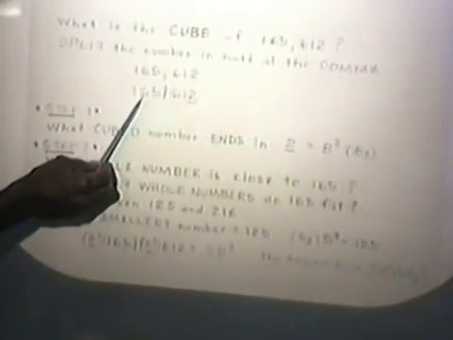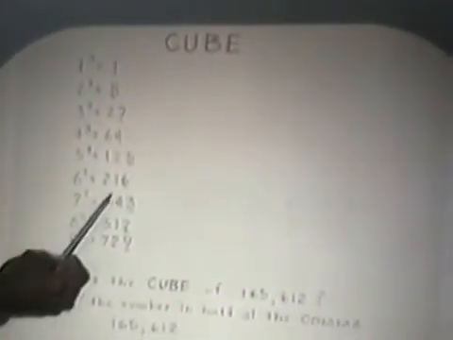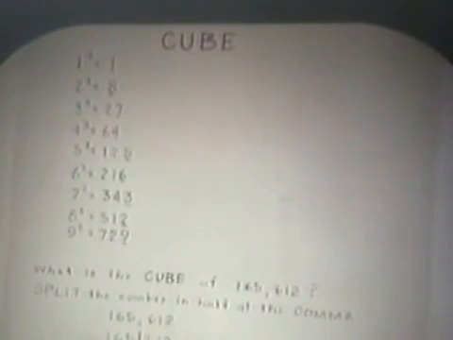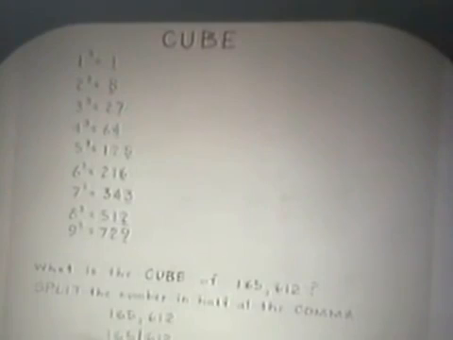8 goes here. The second step is what whole number is close to 165, which is this number here. Which one of these numbers is close to 165? Is it 216 or is it 125? Between what whole numbers does this 165 fit?